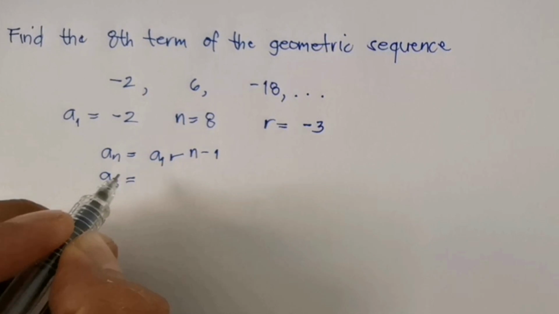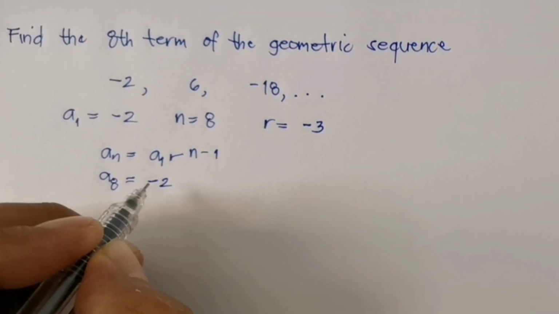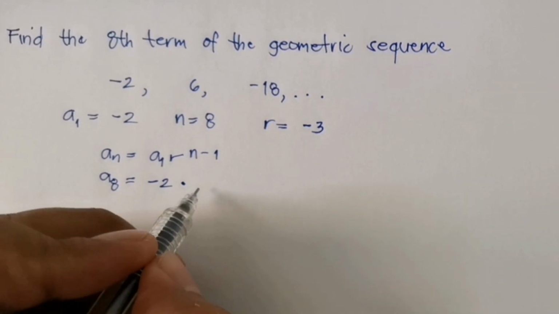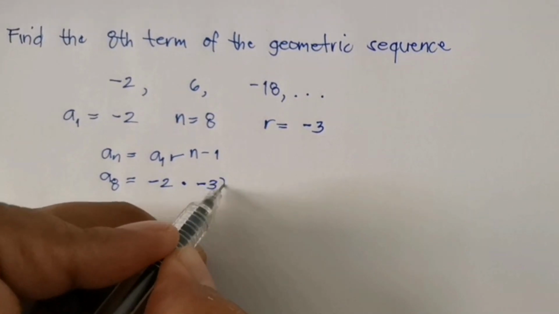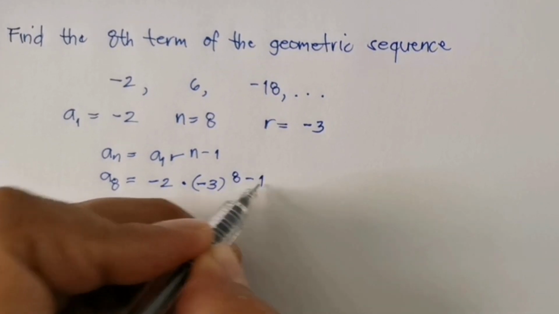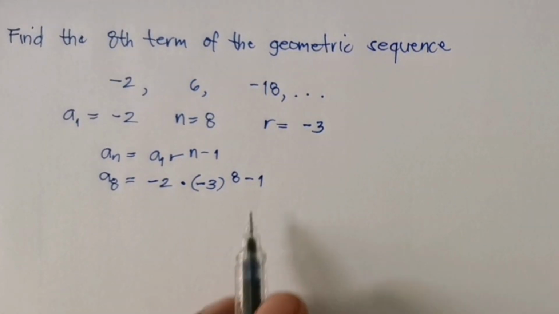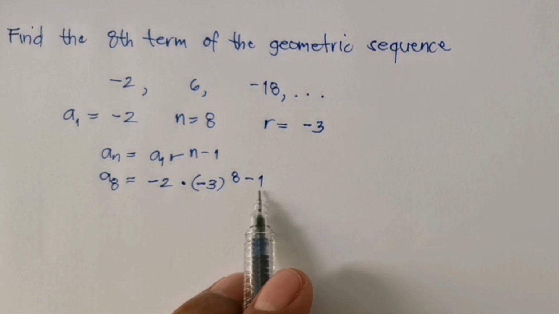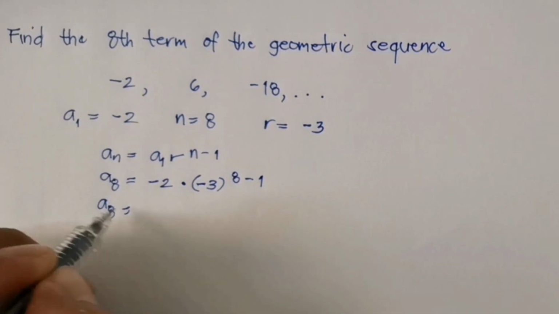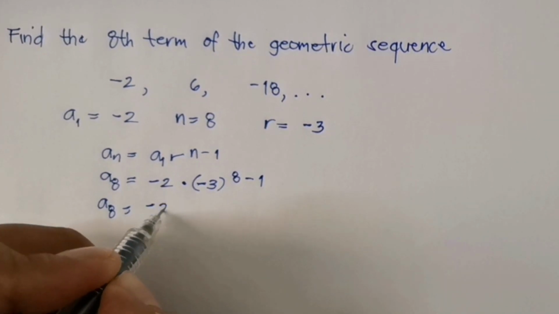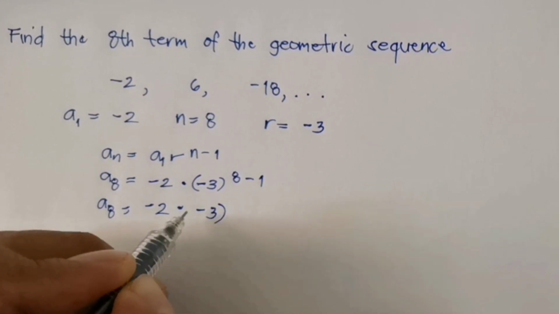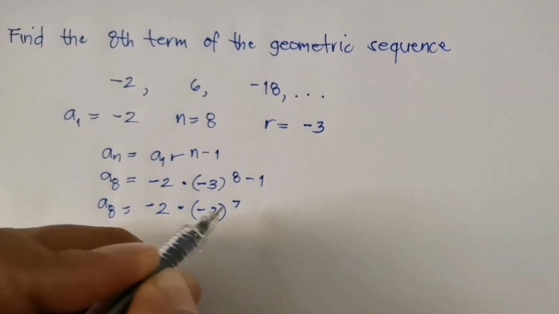A sub 1 is negative 2 multiplied by common ratio, which is negative 3, then raised to 8 minus 1. Okay, so 8 minus 1 is 7. So copy a sub 8 equals negative 2 times negative 3 raised to 7.